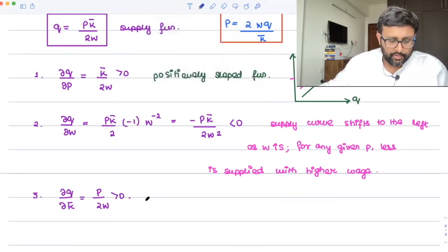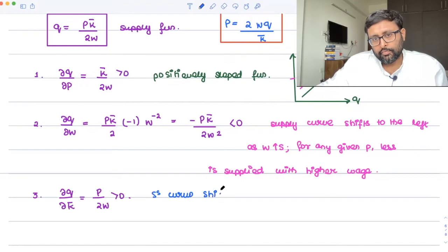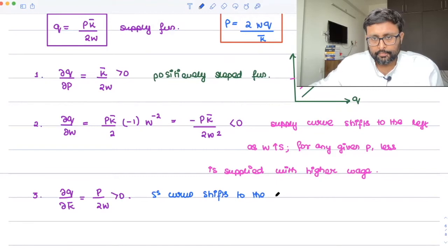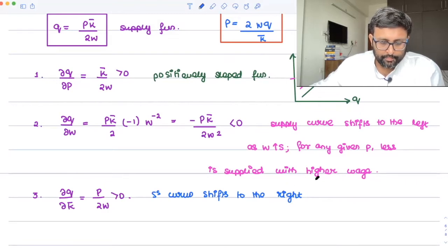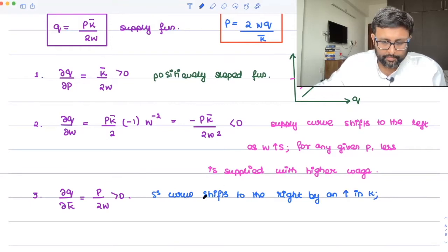So you can say that the supply curve shifts to the right by an increase in K.